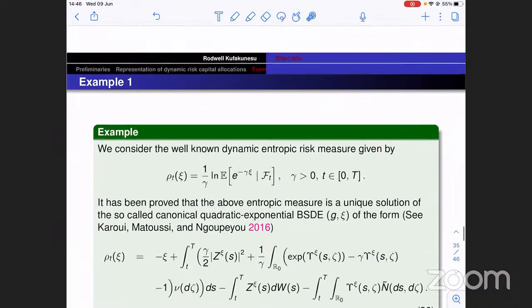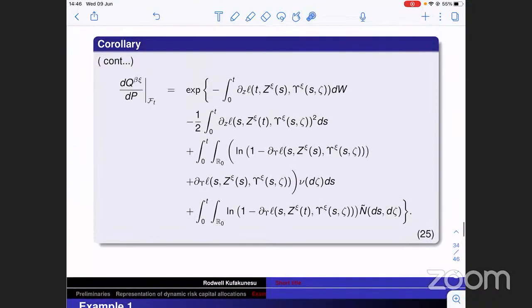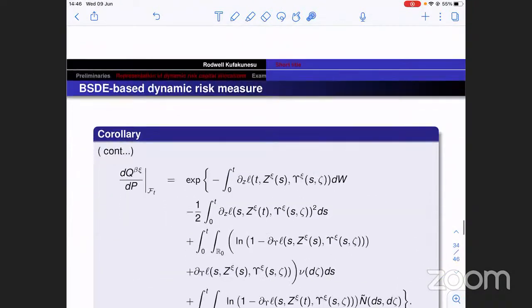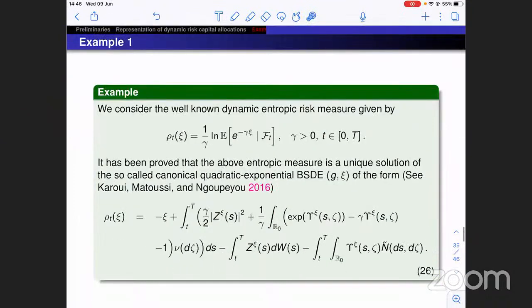So what we then do, to apply our results, is suppose we consider this entropic risk measure. This family of entropic risk measures is a family of measures which I've alluded to earlier on.